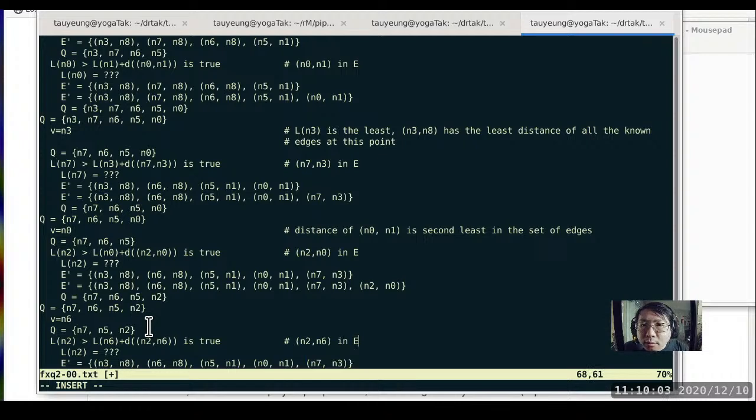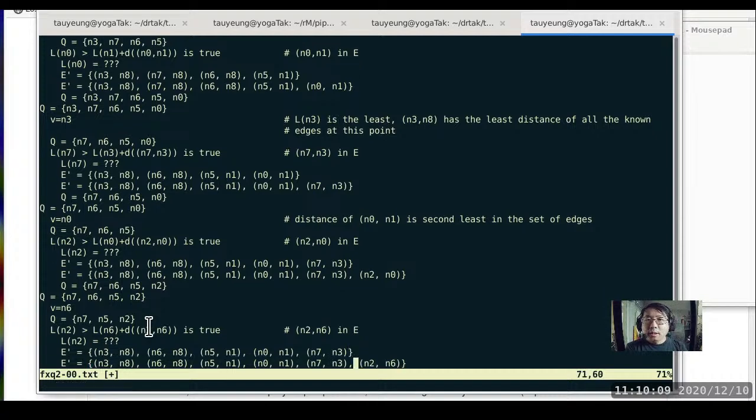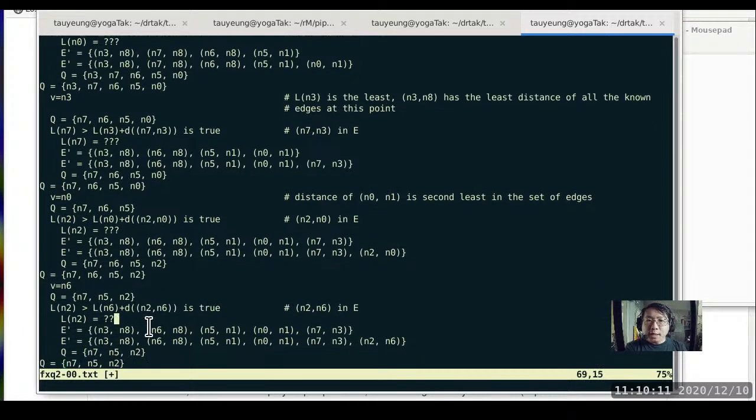Okay, that makes sense. And the fact that this condition is true means that L of N2 was updated here, but is updated again. So we know that a new path is found.